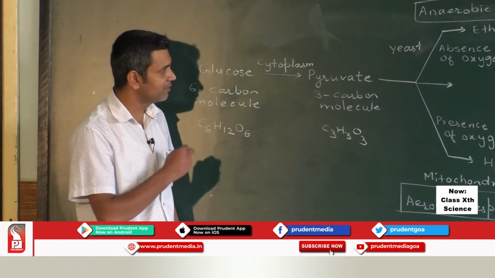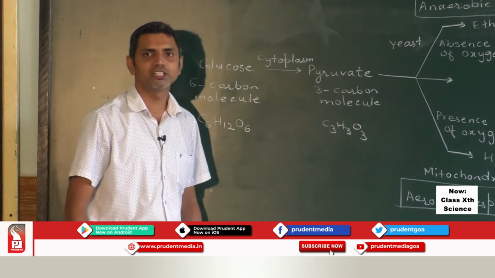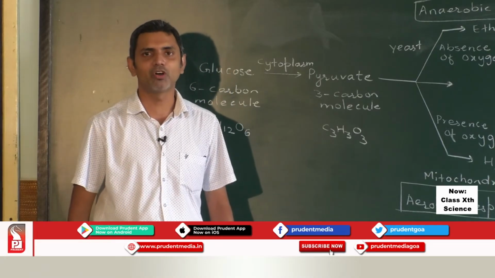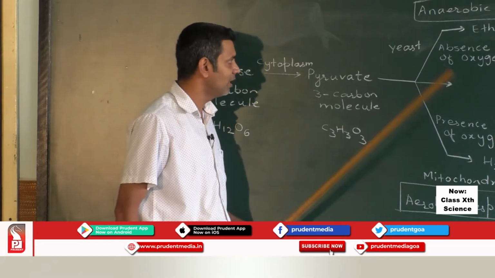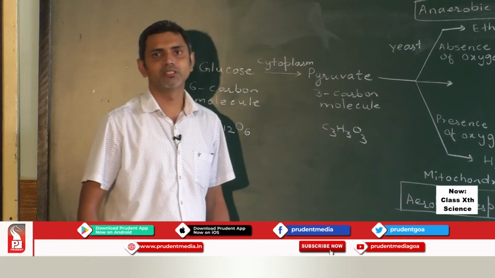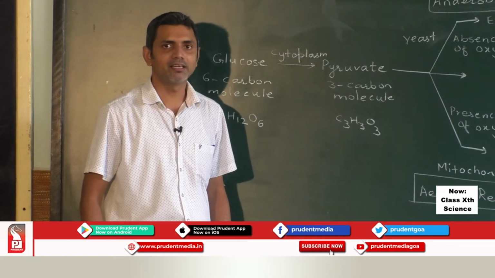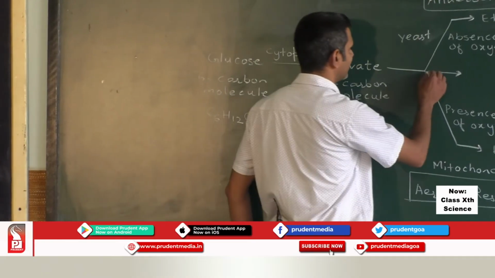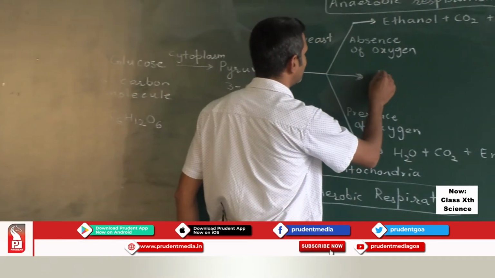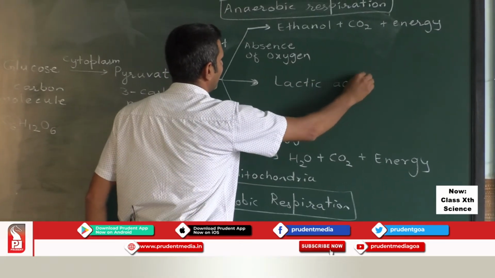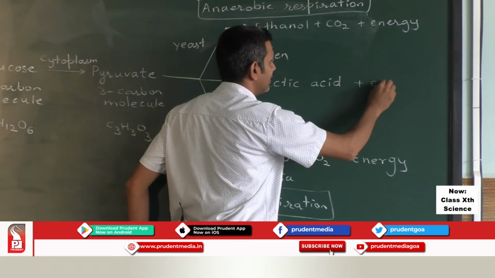Next, we have seen what happens to pyruvate in the presence of oxygen and in the absence of oxygen. When there is a lack of oxygen, when there is less supply of oxygen, at that time pyruvate gets converted into lactic acid and energy will be released.